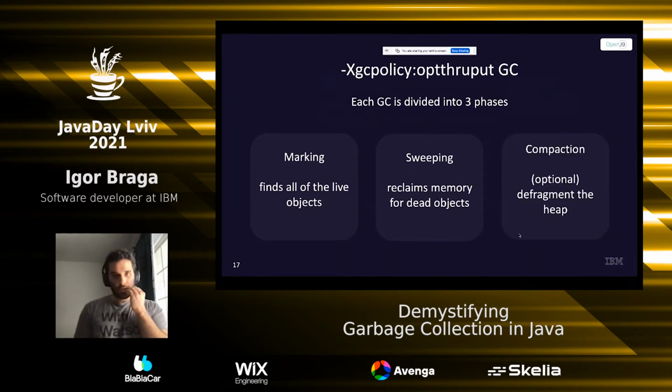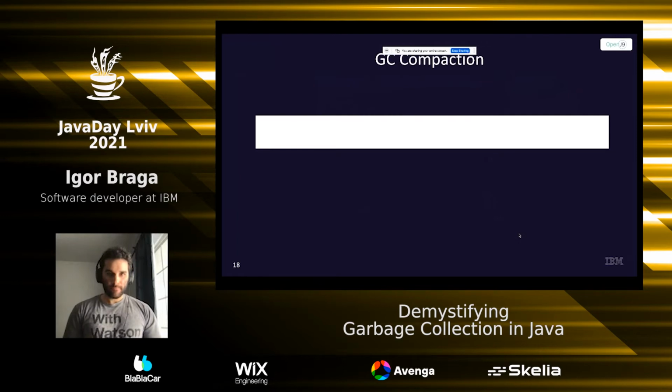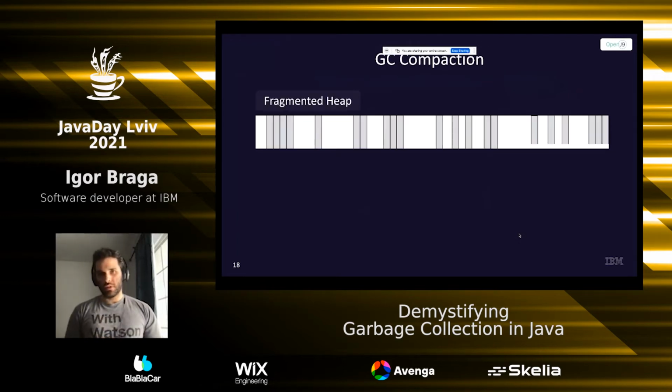So I was talking about compaction, because after a few GC cycles, your heap can get fragmented, like a Swiss cheese. So what's heap fragmentation? That's how your heap is going to look after some time while the application is running, after a little bit of GC cycles.